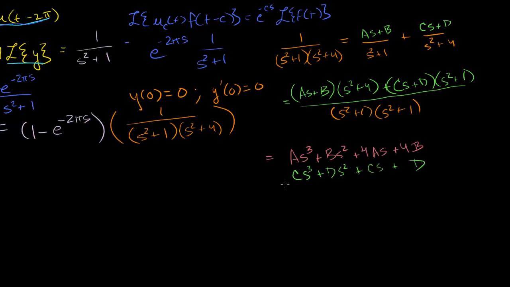So when you add all of these up together, and this is all the algebra that we have to do for better or for worse, you get a plus c over s to the third, plus b plus d times s squared, plus 4a plus c times s.